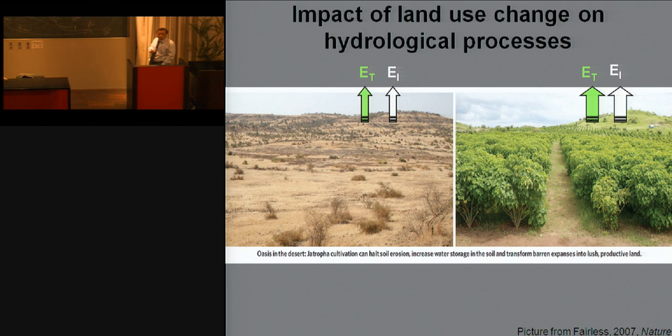You agree? Yes, because you have more vegetation taking up water, transpiration. The soil evaporation is maybe the other way around. Maybe you have more soil evaporation here than there. You see that evaporation is not going up or down. All the different evaporation fluxes are changing. And that's what we need to account for. So it's more complicated than just solving an equation a bit differently.